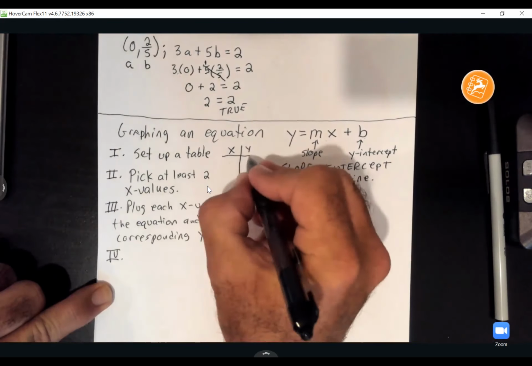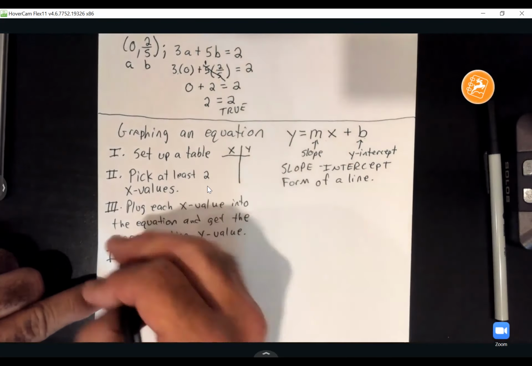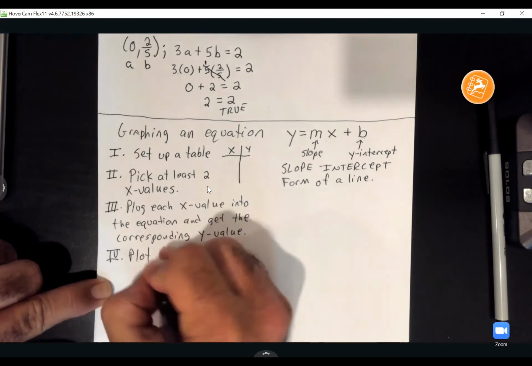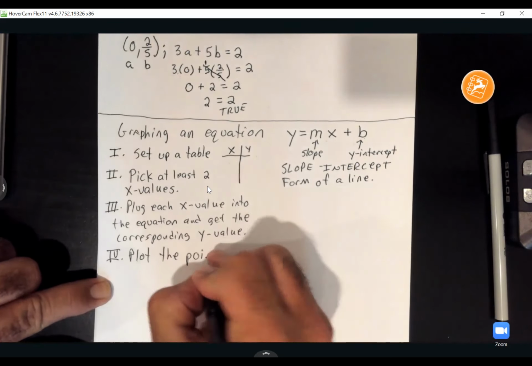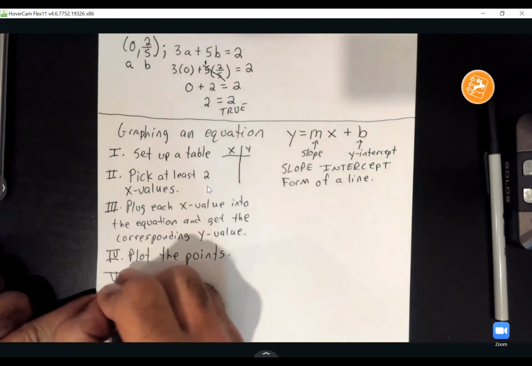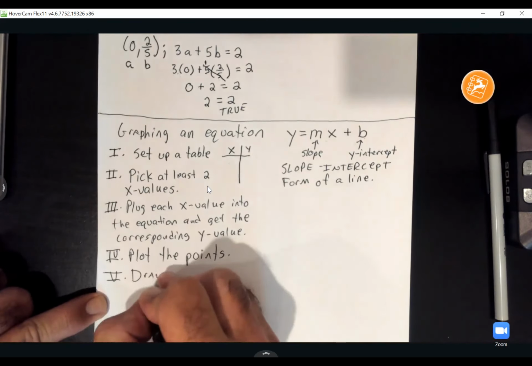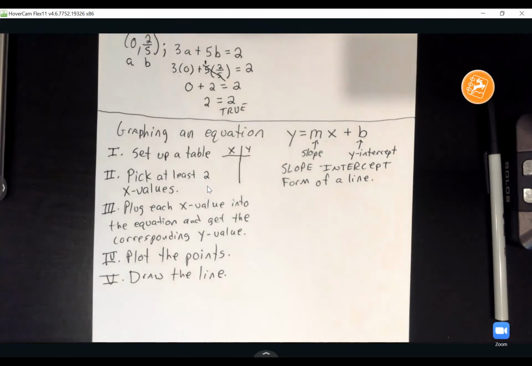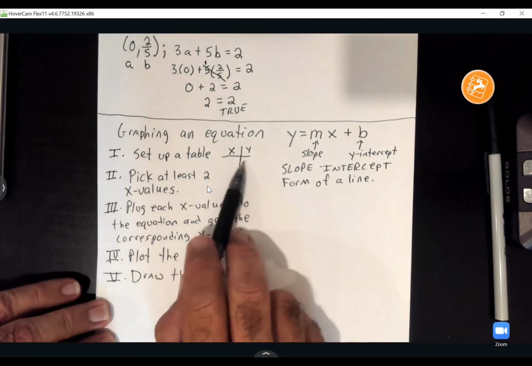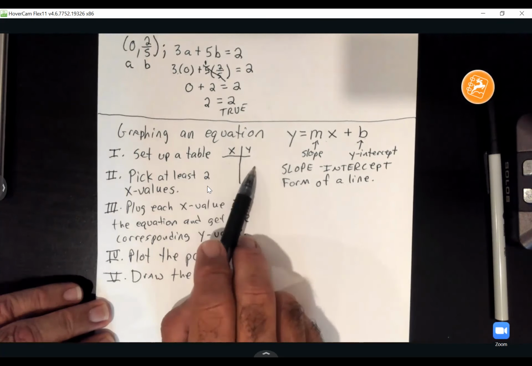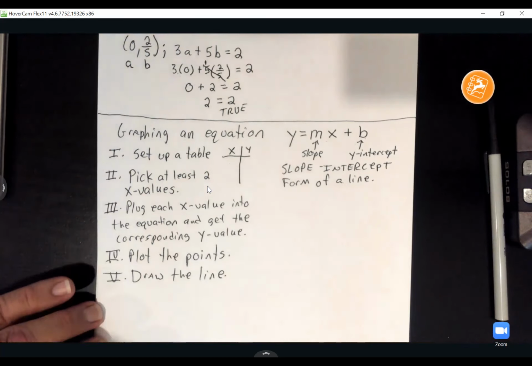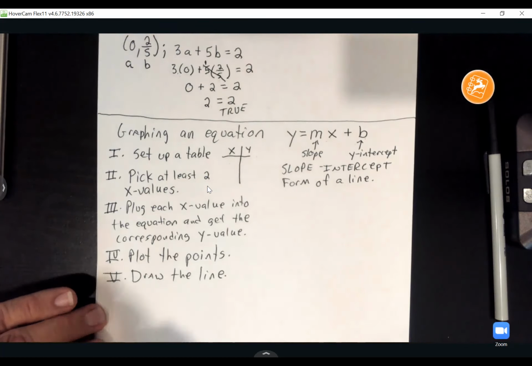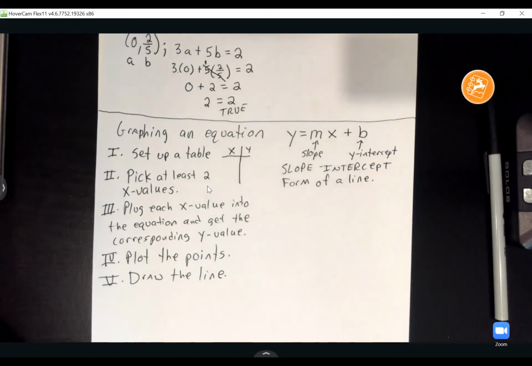Now, once I do that, I'm going to have 2 ordered pairs at least. So I'm going to plot the points, and then finally, draw a line. Okay, so I'm going to find me at least 2 x values, solve for the y values. Once I have that, I will then plot my line. So let's play with this on MathLab. So I'm actually going to go to MathLab and see what they got for their next problem.